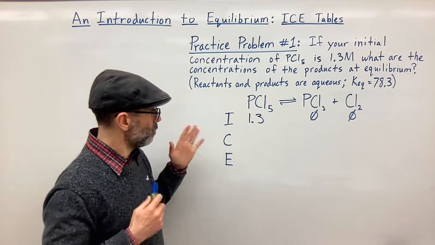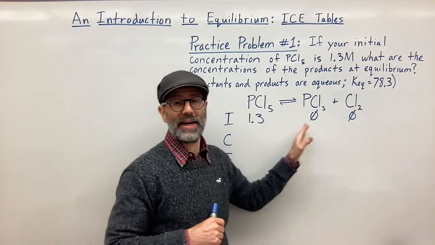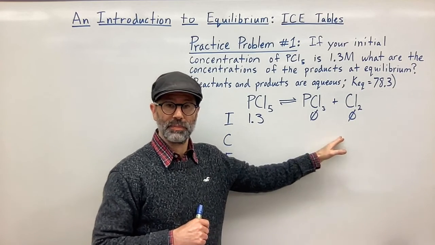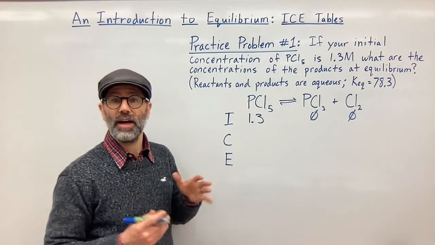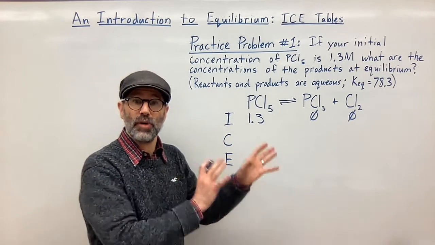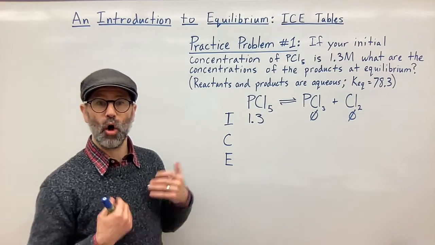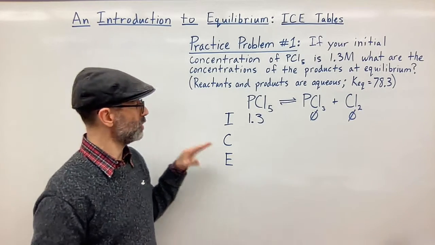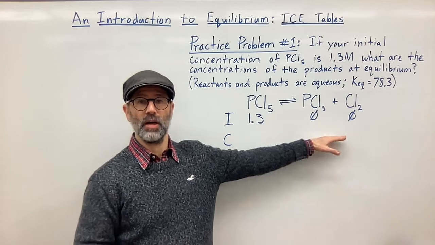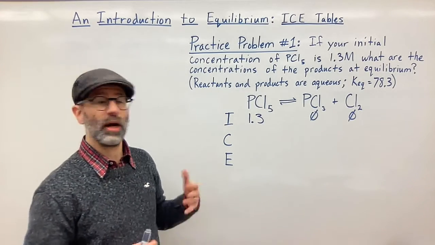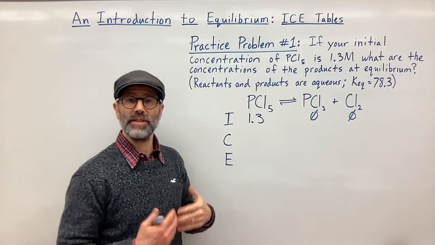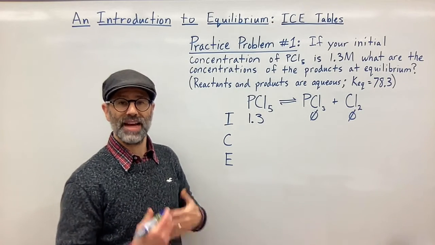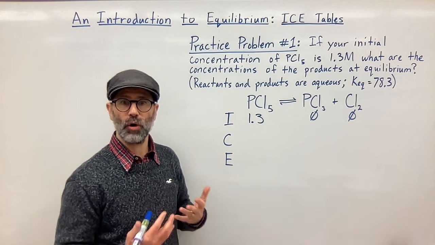Because I know that I have 0 product, according to Le Chatelier's principle, it's going to shift in the direction to make product. That's the only way it can go. So I know it's going to shift this way, right? So for my change, I'm going to use X as a placeholder for that change.